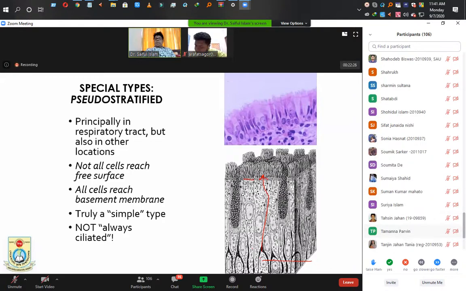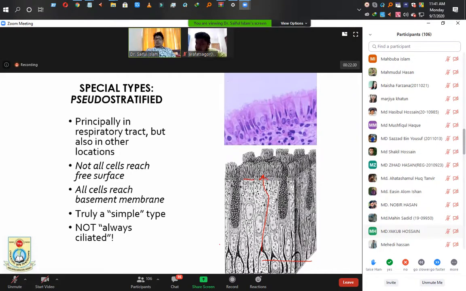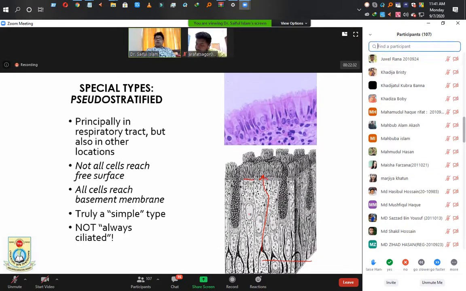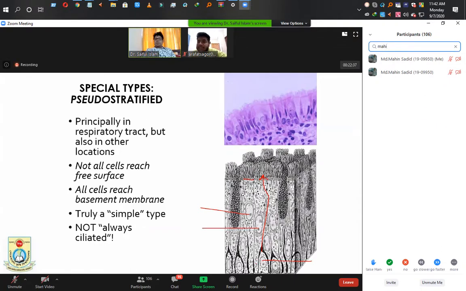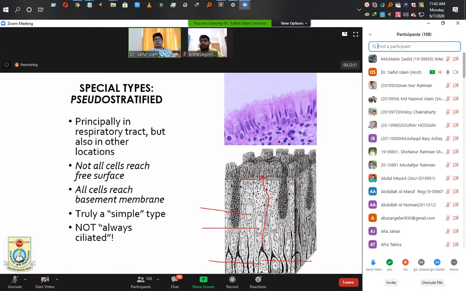So when you see this type of epithelium under the light microscope, you will see the nuclei located at different levels, which gives you a false impression of stratification. That's why they are named pseudostratified. Don't say pseudo, it's pseudostratified.